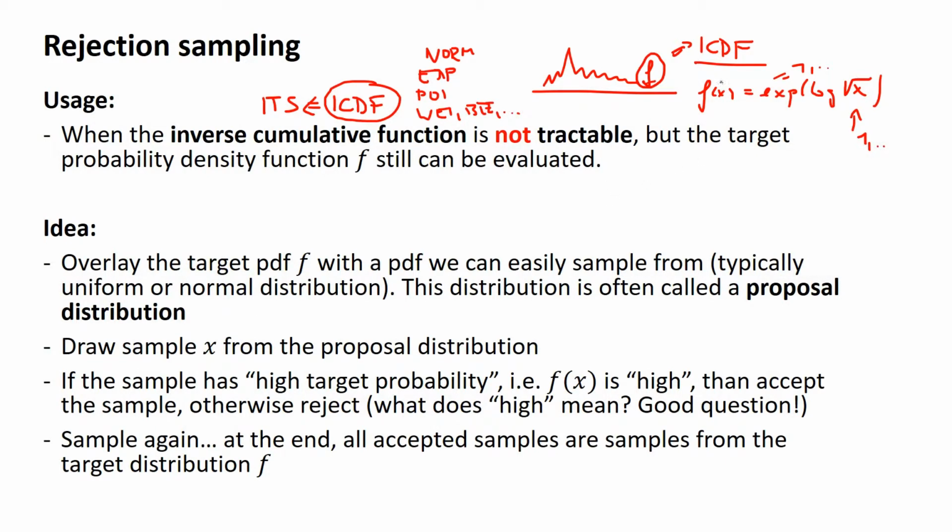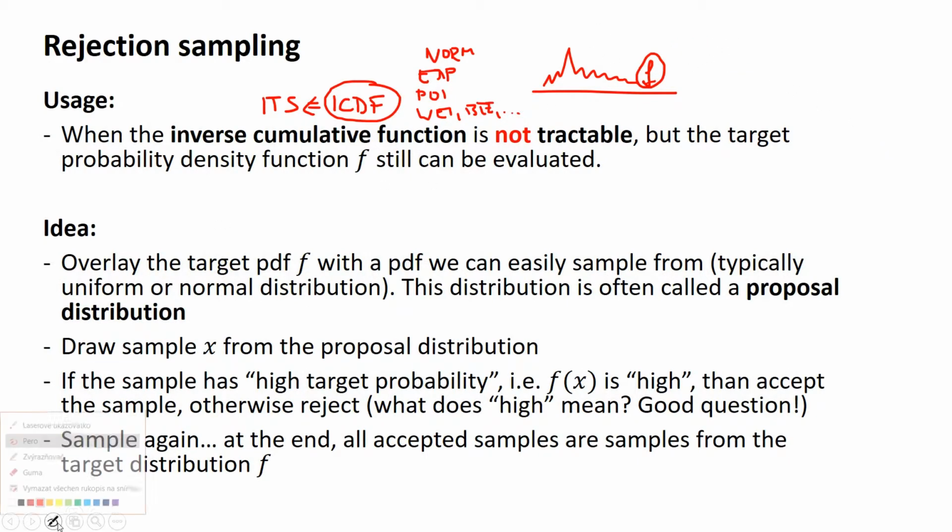So now let's get to the idea behind rejection sampling. I'll just delete this and keep the function here. So the basic idea: we don't know how to sample from this ugly distribution with density function f.